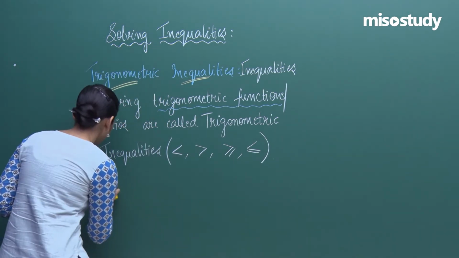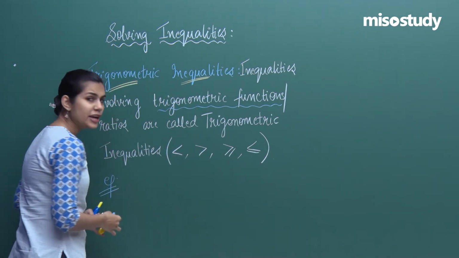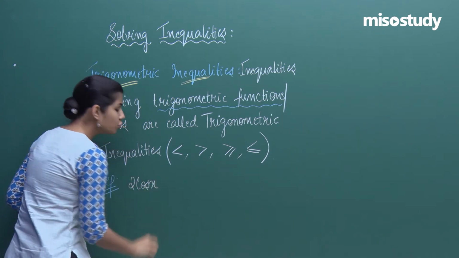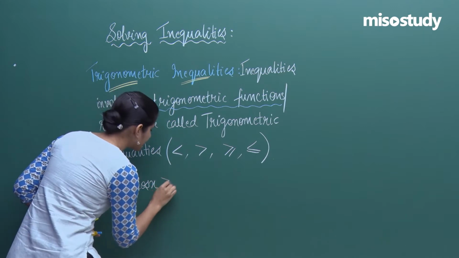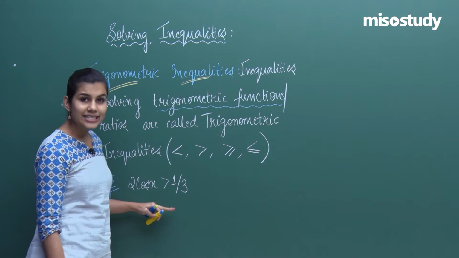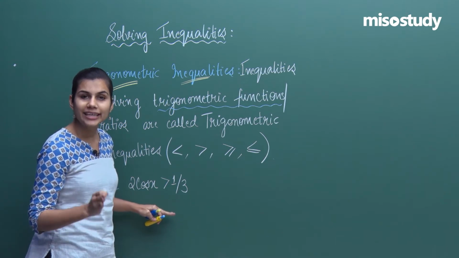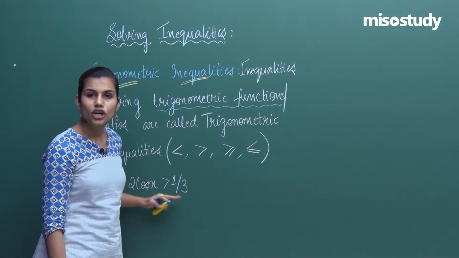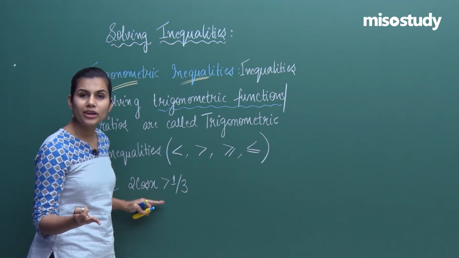For example, if I say 2 times cosine of x is greater than 1 by 3, this is a trigonometric inequality. It has a left-hand side and a right-hand side. To the left, there is a trigonometric function involved.